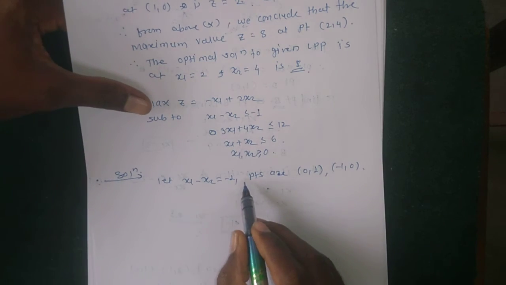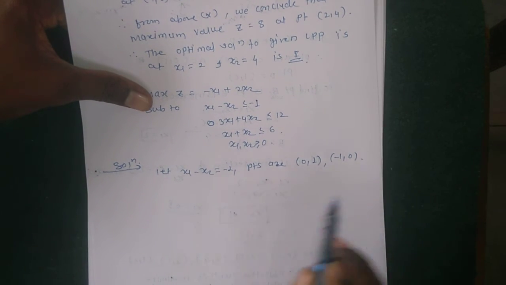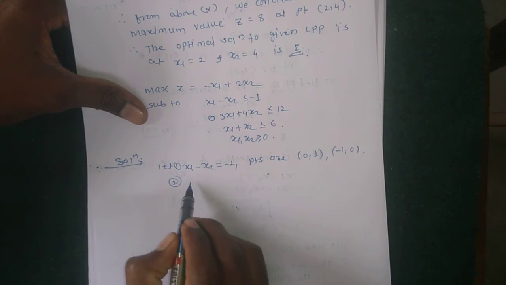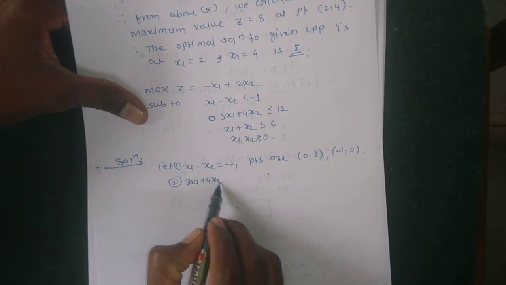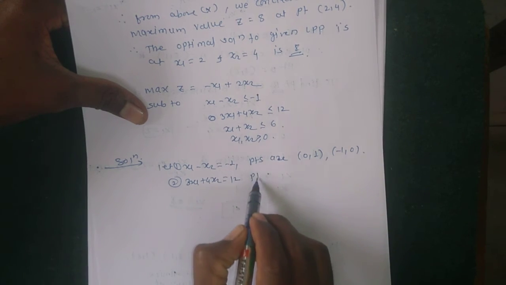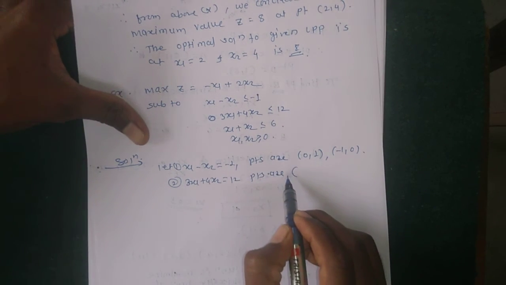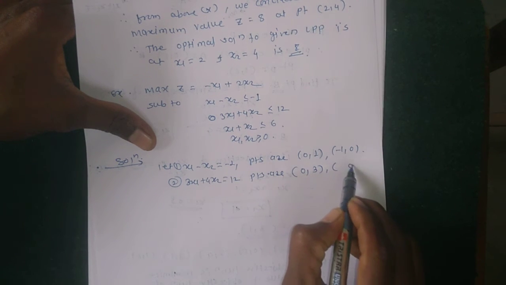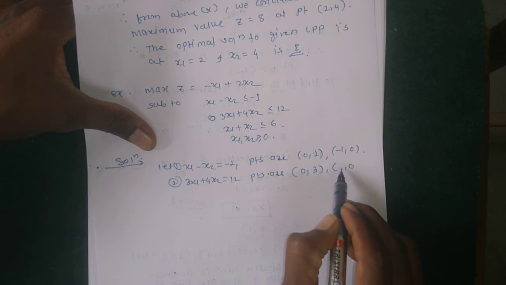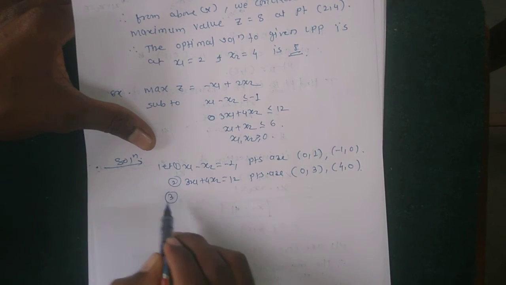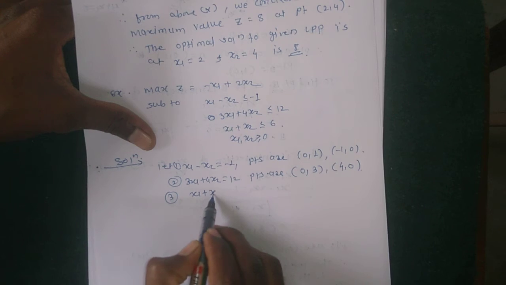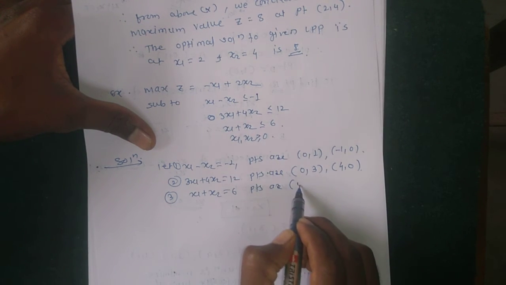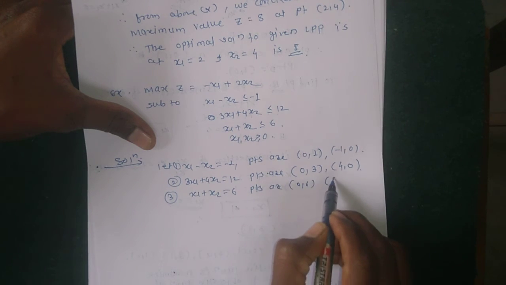Then second, 3x1 plus 4x2 is equal to 12. We get the points: x1 is equal to 0, then x2 is equal to 3, and x2 is equal to 0, then x1 is equal to 4. Then third, x1 plus x2 is equal to 6, then the points are 0 6 and 6 0.